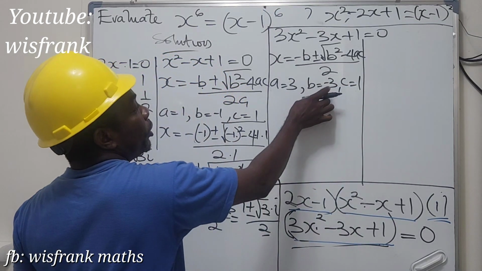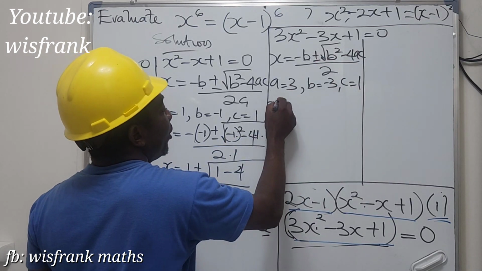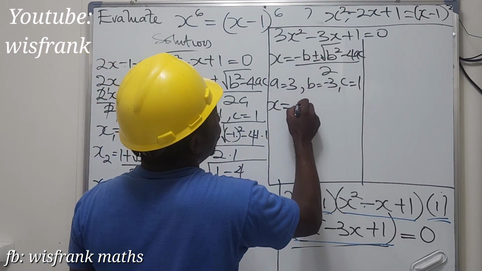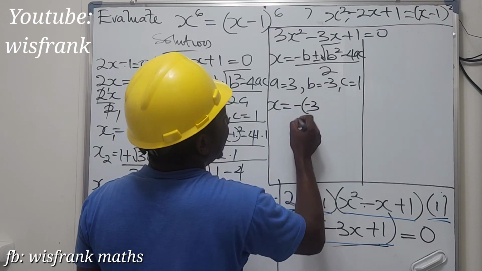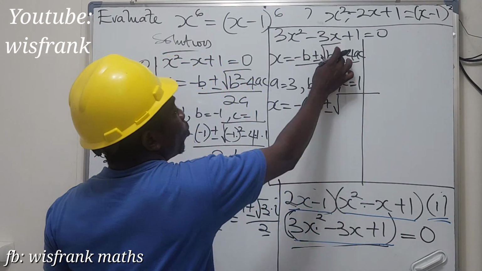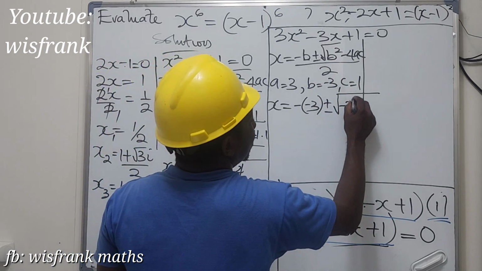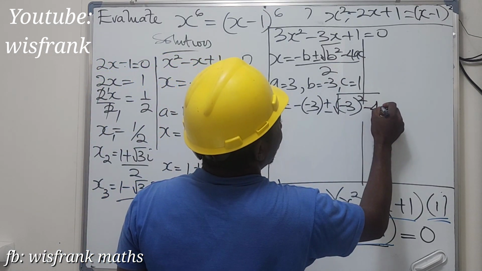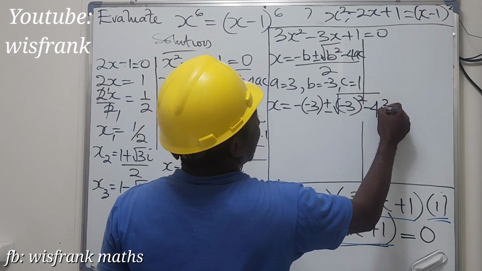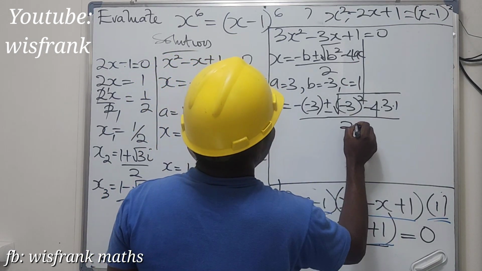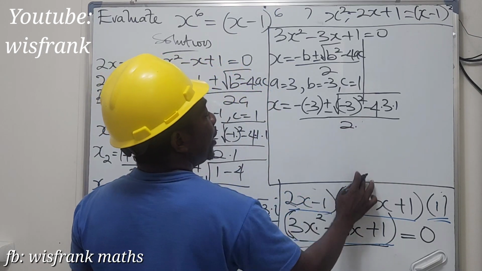So we are going to substitute this into where we have this. So we have x equals, for b here it is going to be minus into minus 3, then plus or minus square root of b squared, which is minus 3 squared, then minus 4 times a, which is 3, times c, which is 1, all over 2 times a. 2 times a is 6.